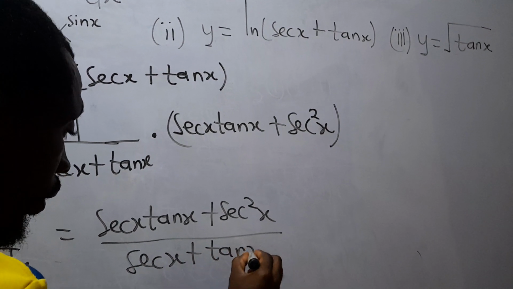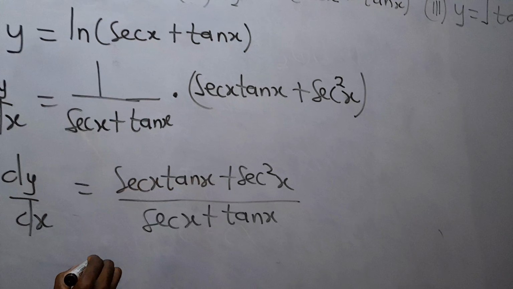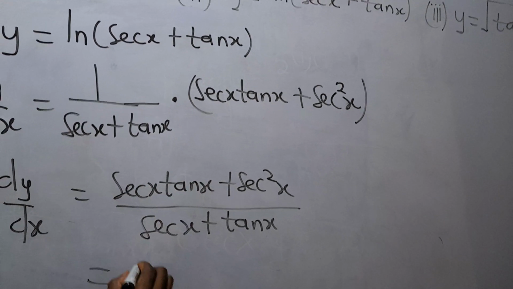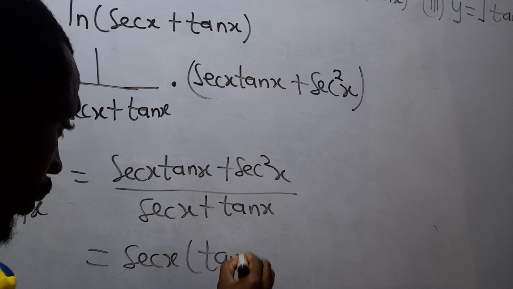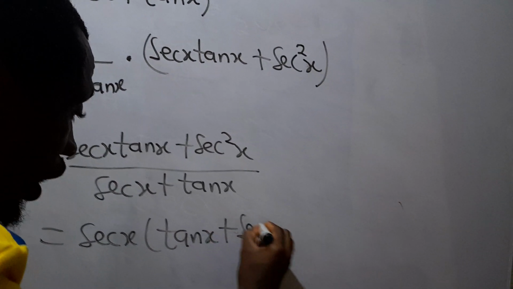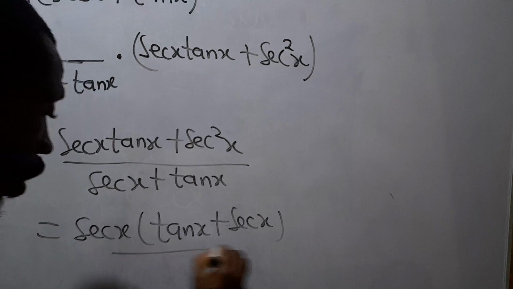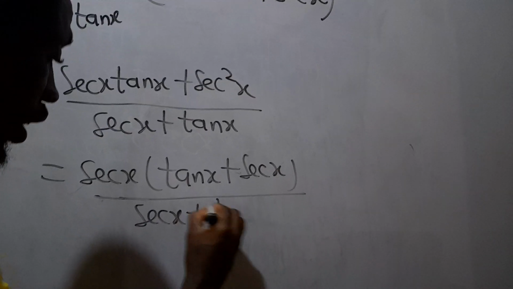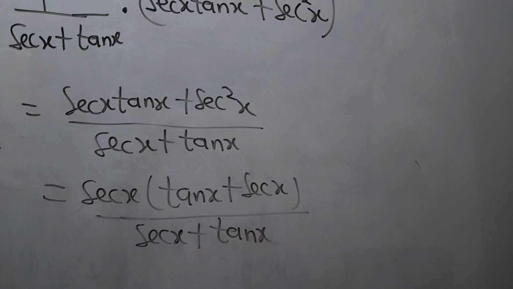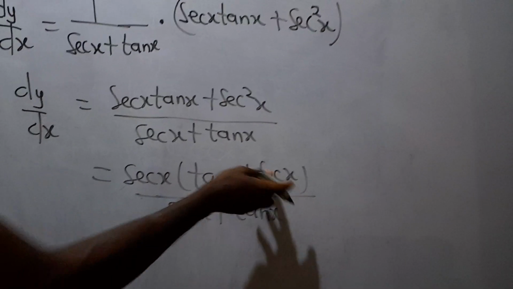Now what's common? At the numerator, sec x is common, so we can bring it out. Sec x out, we'll be left with tan x plus sec x all over sec x plus tan x. So we can rewrite this as sec x plus tan x.